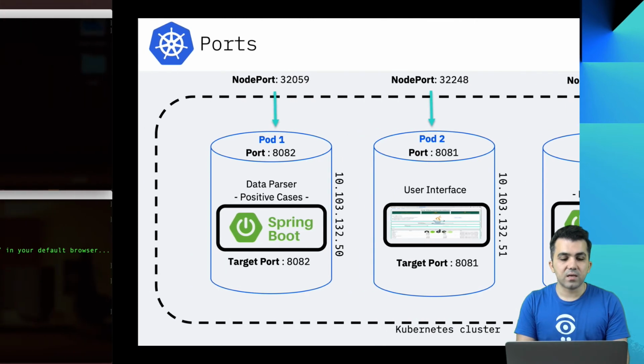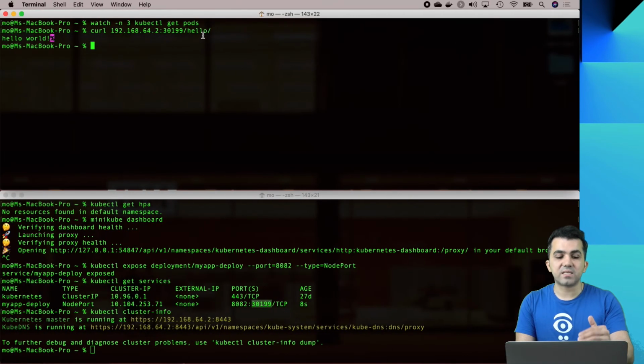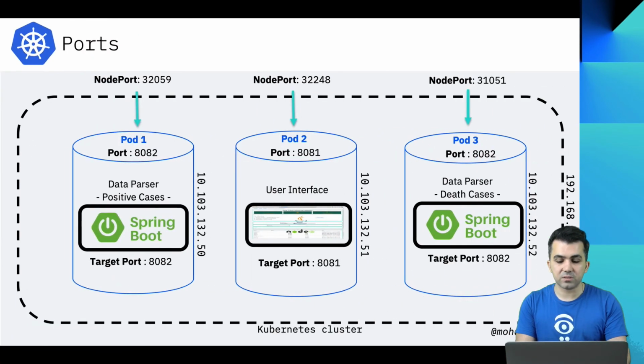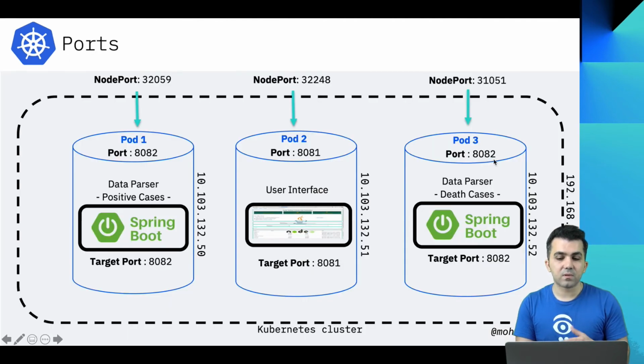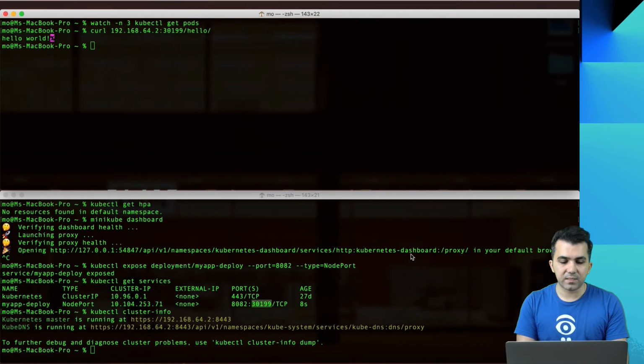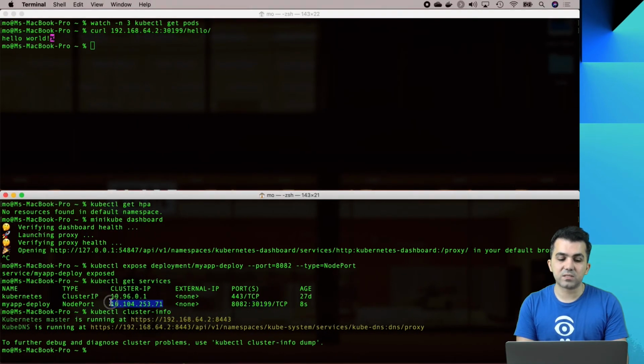What you can do is go back and SSH into Minikube, and from inside Minikube we can use the NodePort or the cluster IP, and then the container port, which is 8082, and the port is also set as 8082, and then interact with it directly. So I'm going to use this IP address, the NodePort IP address, and that gives me access directly within the cluster.